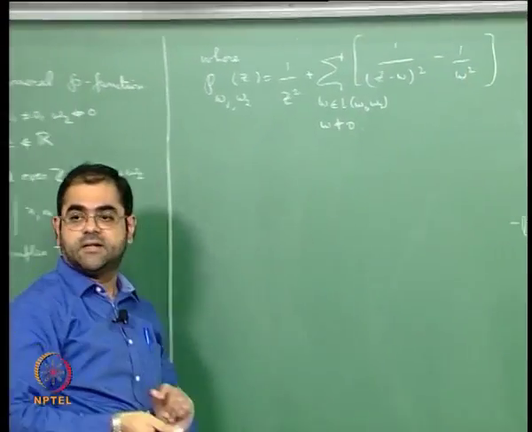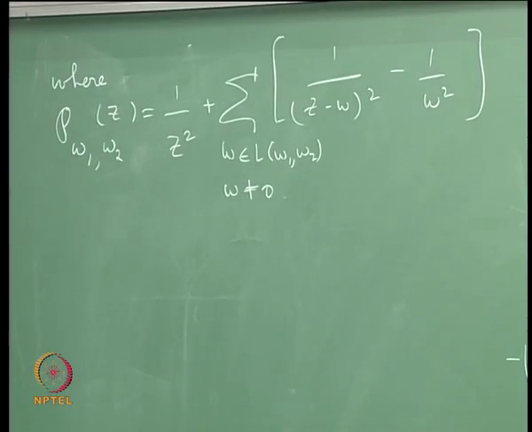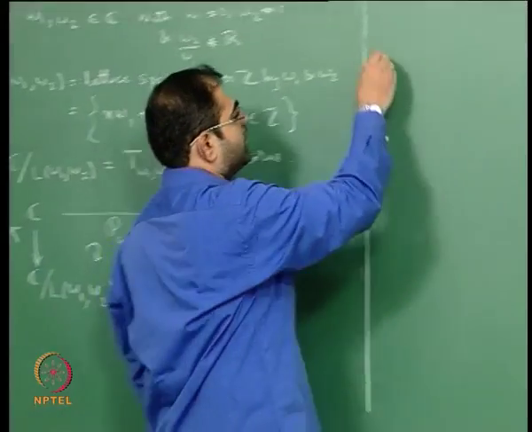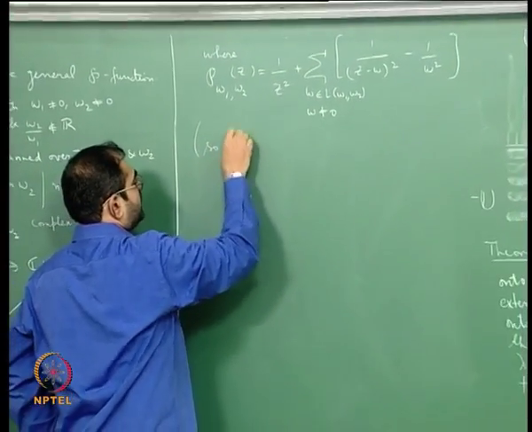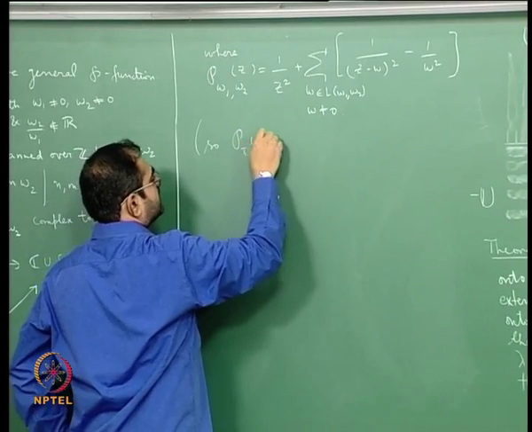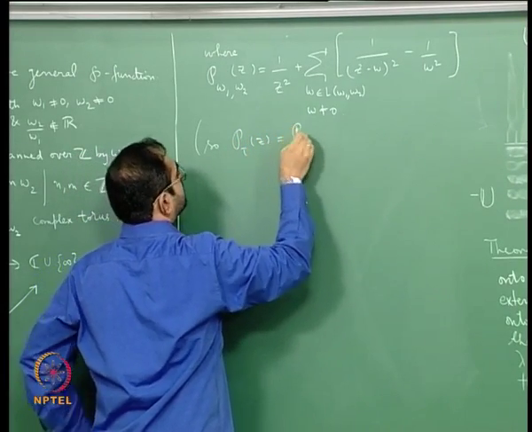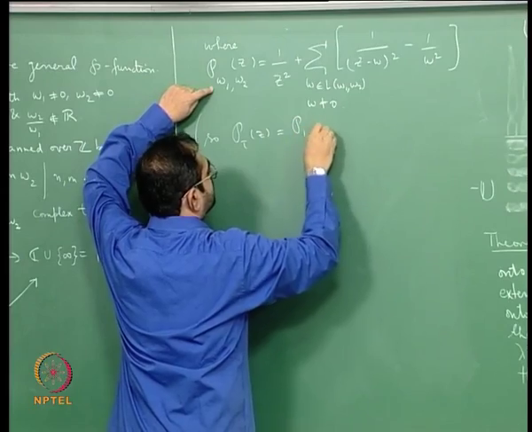It is literally of the same form as the phi function we defined when omega 1 was 1 and omega 2 was tau, okay. So phi tau of z is just phi, in this notation, phi 1 comma tau of z.